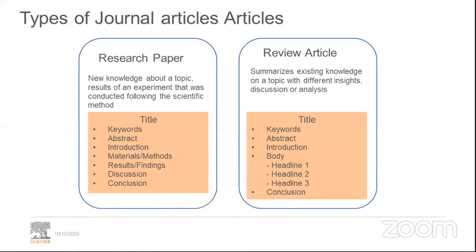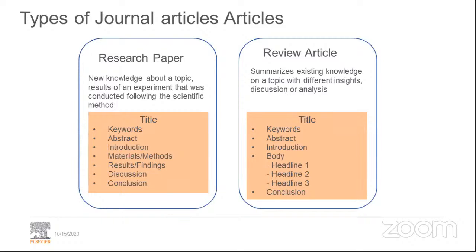So you'll find the paper contains title, keywords, abstract, introduction, and those are similar in both types. But you will find materials and methods because it's an original paper. They had methods, they went through specific steps to do their study and to get the results.